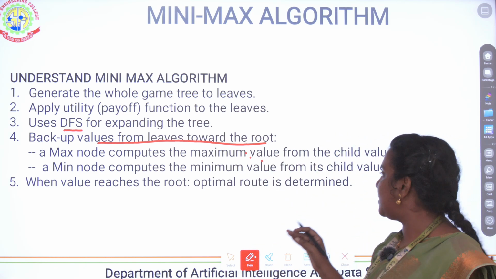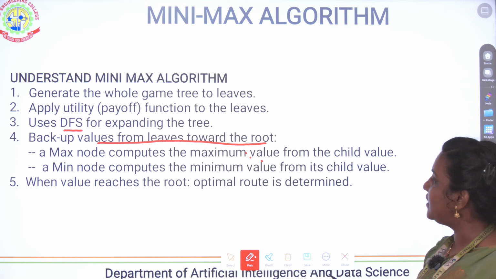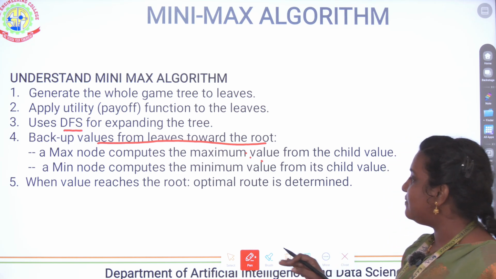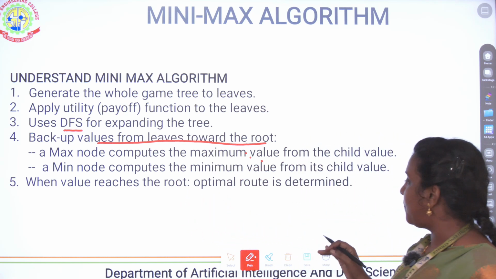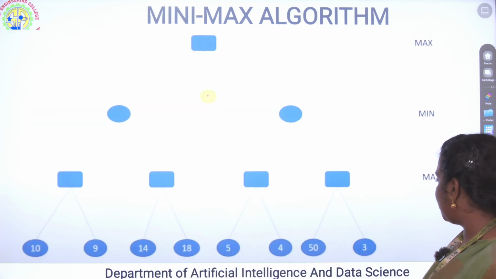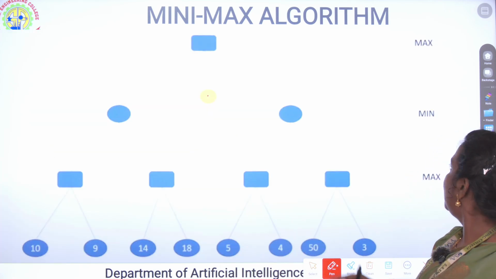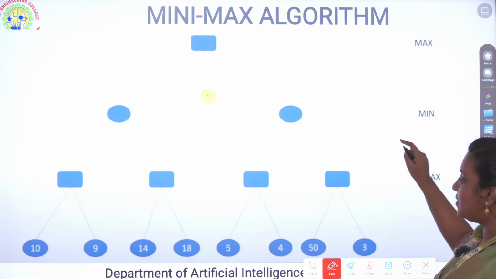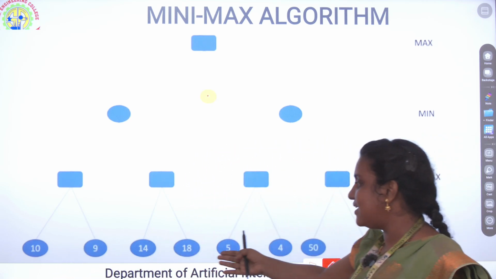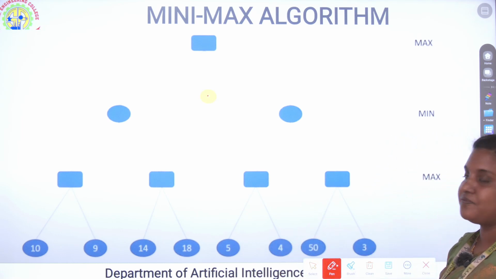A max node computes the maximum value from its child values. A min node computes the minimum value from its child values. When the value reaches the root, the optimal route will be determined. So this is the example. We have max nodes and min nodes and utility values 10, 9 and so on at the leaf nodes.